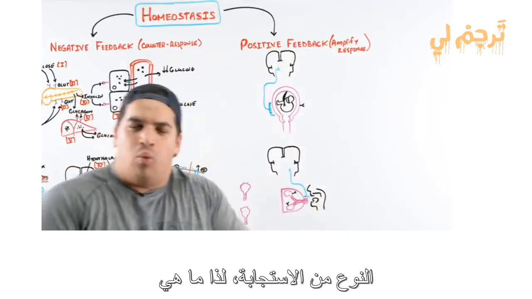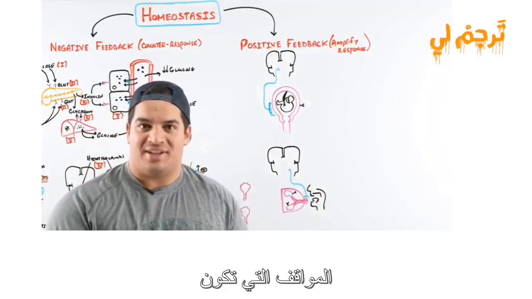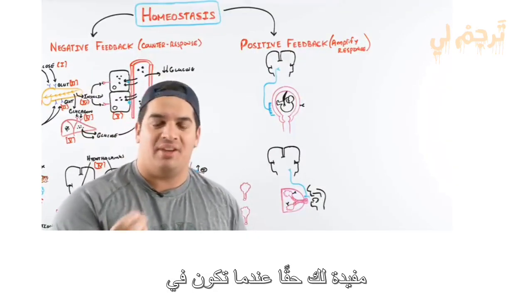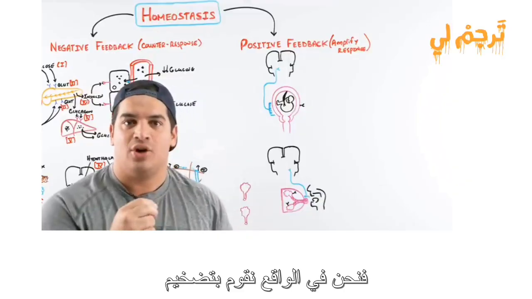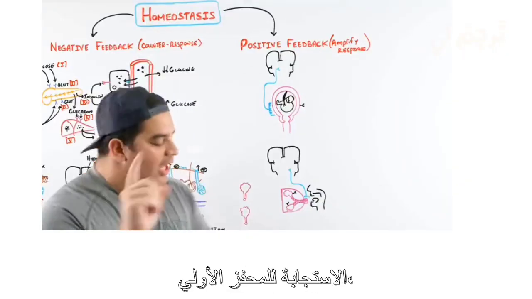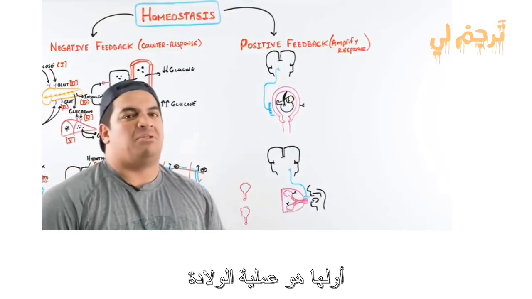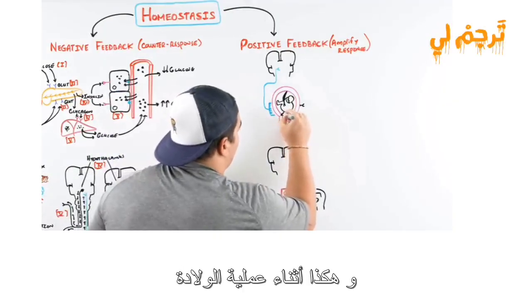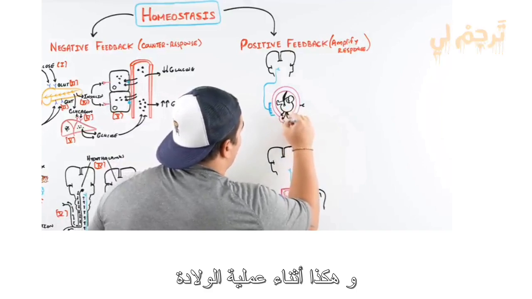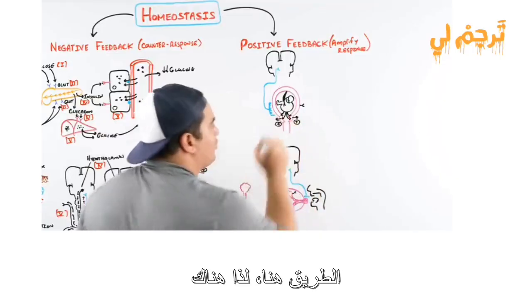So what situations are truly helpful for you to remember on your exam as positive feedback mechanisms, where amplifying the response to the initial stimulus would actually be a good thing? The first one is the birthing process. The baby is stretching the cervix, right? During the birthing process, you're stretching that cervix all the way out, so there's a great degree of stretching.